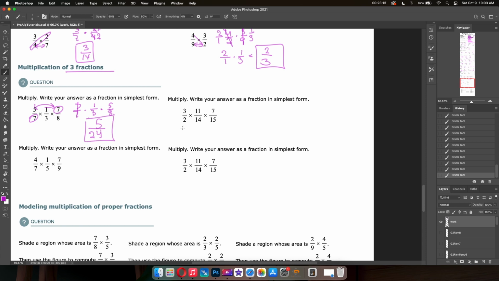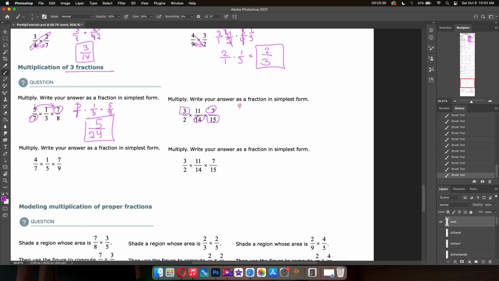Over here, let's see here. I like the 7 and the 14. I know those will divide, so I can bait and switch those. I like the 3 and the 15, so I'm going to try to bait and switch those as well. Now, you'll notice I made different shapes for these because when I do my baiting and switching, when I move my numbers around, I want to make sure my shapes match.